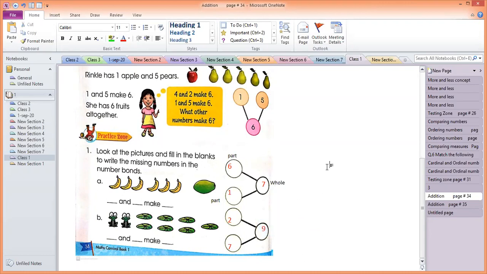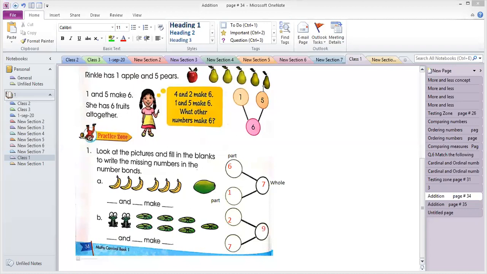Complete it in your book also. Fast. All of you complete it in your book also. I'm giving you only 1 minute to complete it in your book. Yes, sir. I completed, sir. Okay. 6 plus 1.